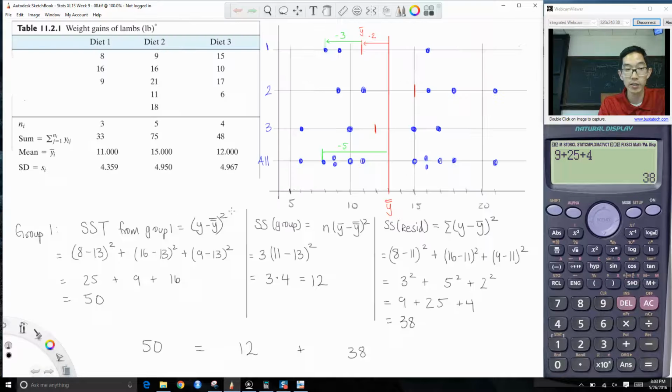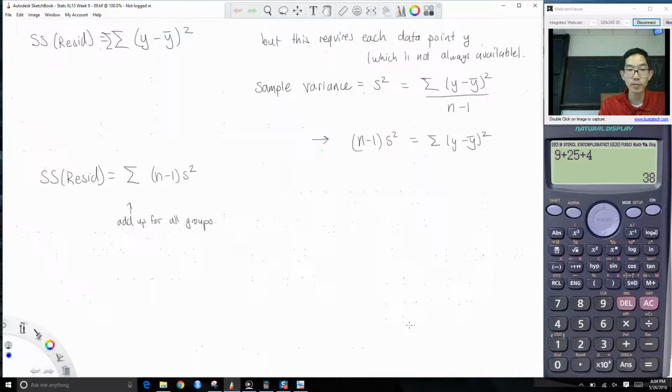we had the standard deviation 4.359. If we did s squared times n minus 1, so s was 4.359. So s squared times n minus 1, which was, there was 3 in that sample, minus 1 times 4.359 squared.